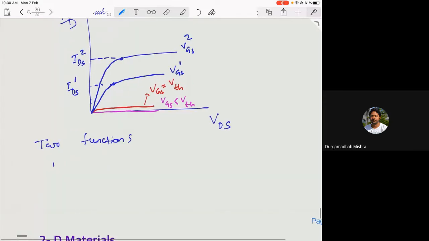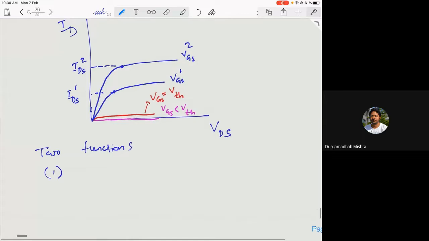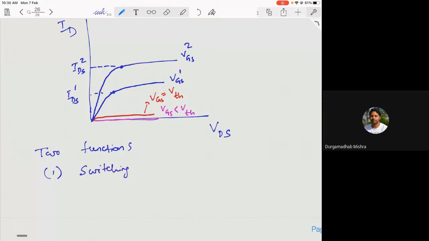One is switching on or off depending on VGS. Switching on means you can say this is a 1 state, and off means a 0 state.